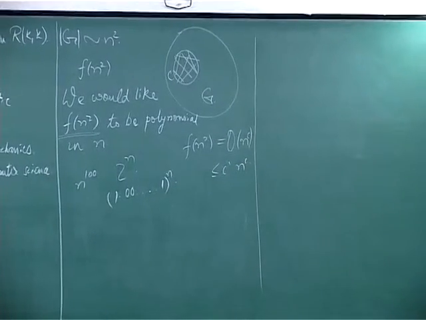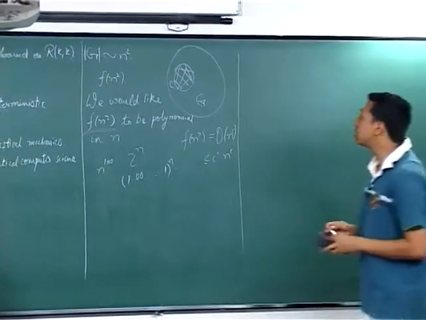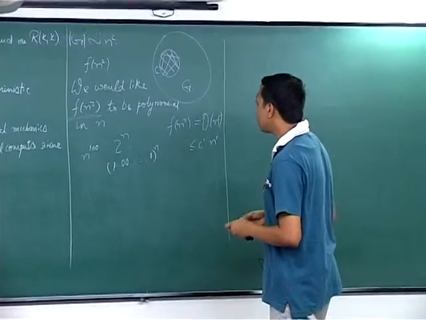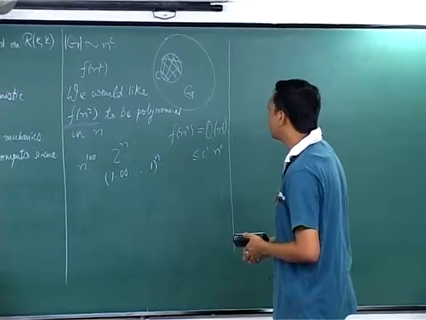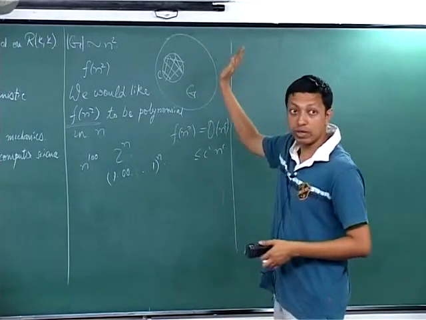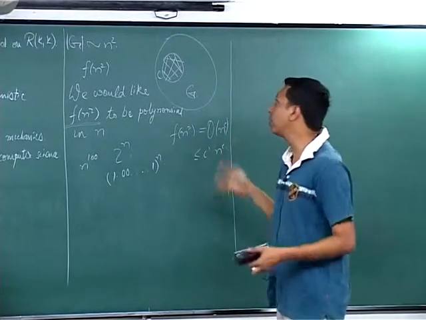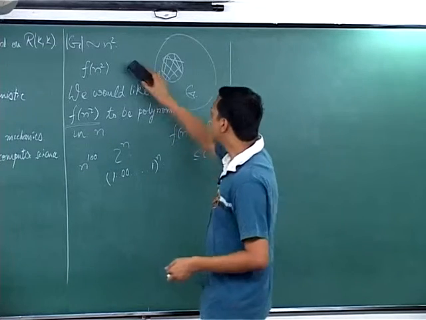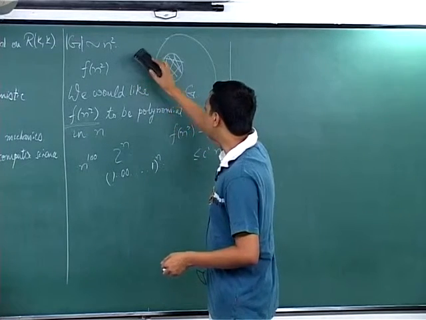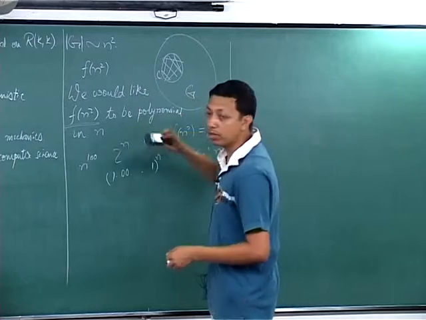That's what you would like in any algorithm, any graph algorithm or any general algorithm. You would like the time of the algorithm to be polynomial in the size of the input.